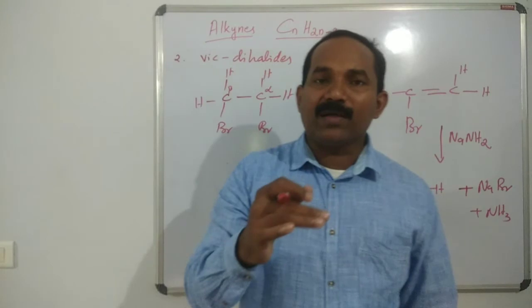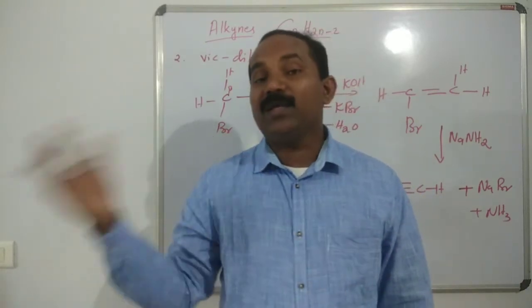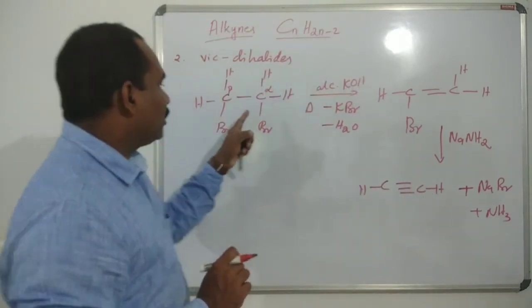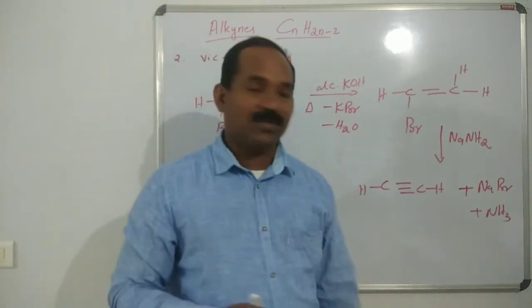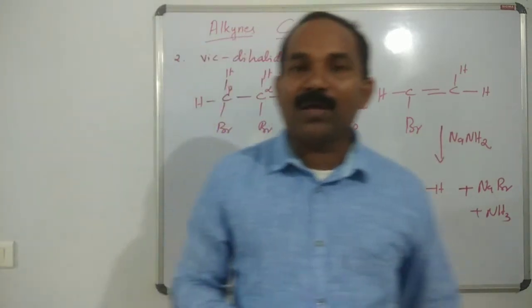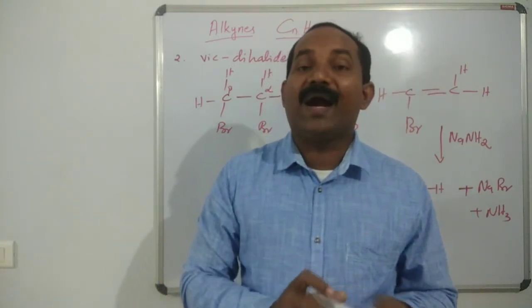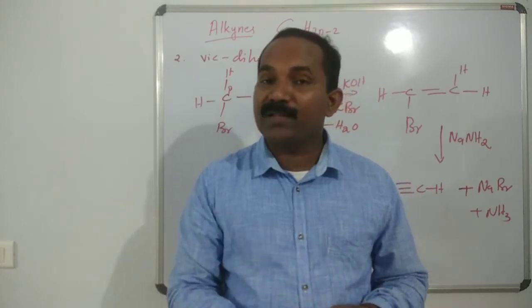Under the arrow we write minus, which means removal. Here halogen and hydrogen are removed, so dehydrohalogenation. Again it will undergo dehydrohalogenation and we get alkynes. Okay, this is another method to prepare alkynes.